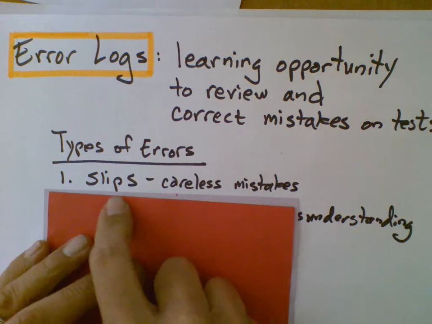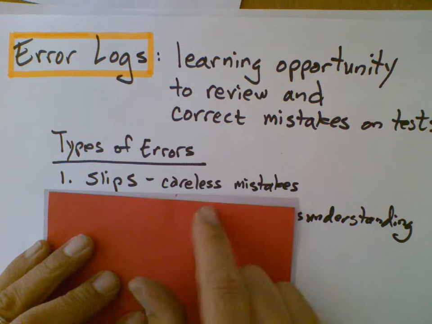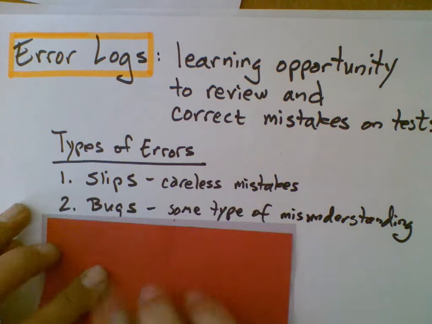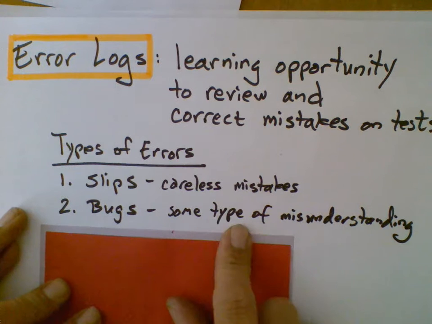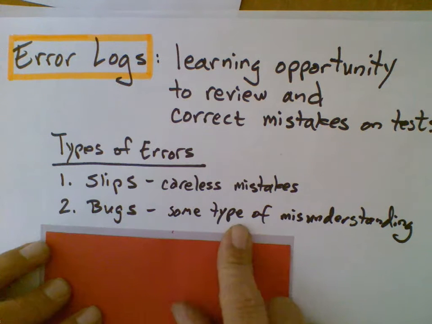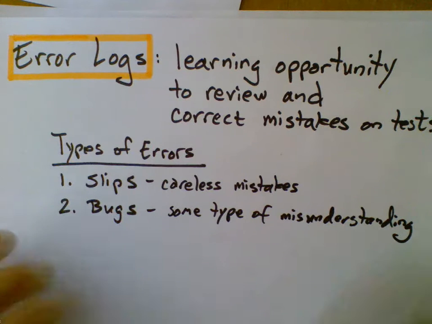But slips do not prevent you from understanding what the problem was originally asking, which is different from the second kind of error, a bug. Bugs are where there's some kind of genuine misunderstanding. What makes a bug really depends on the student and the particular problem.